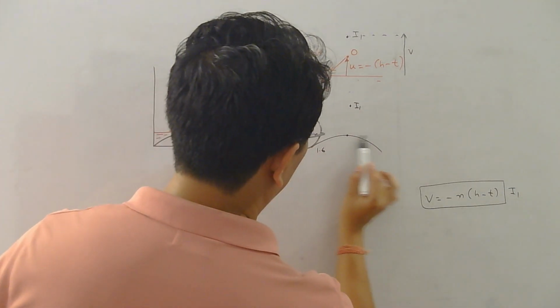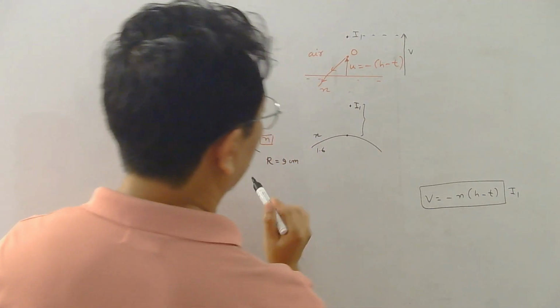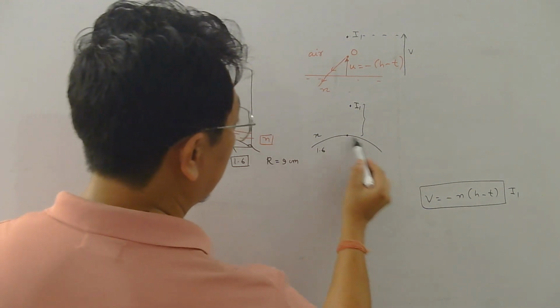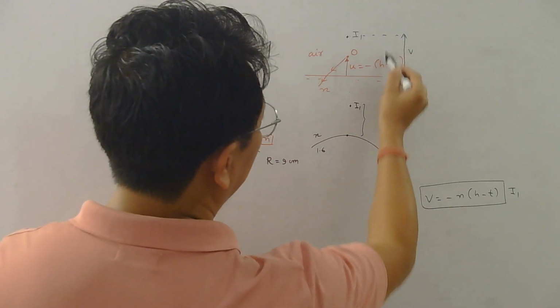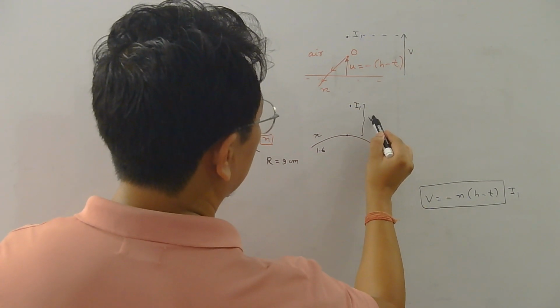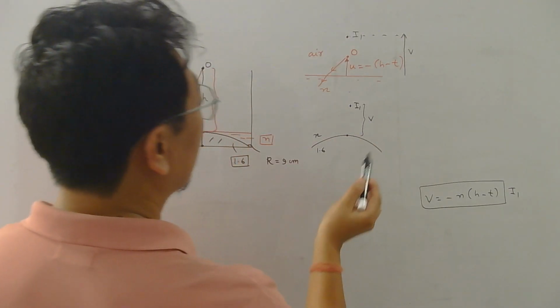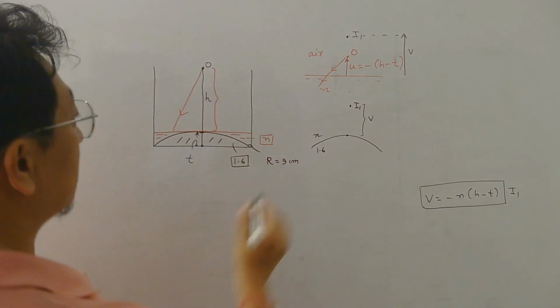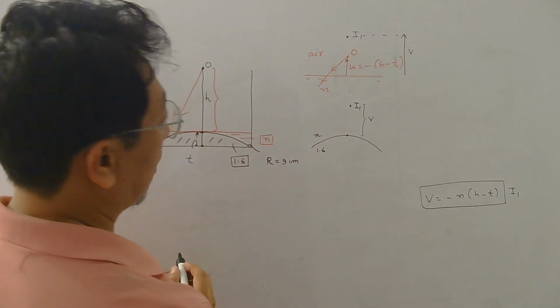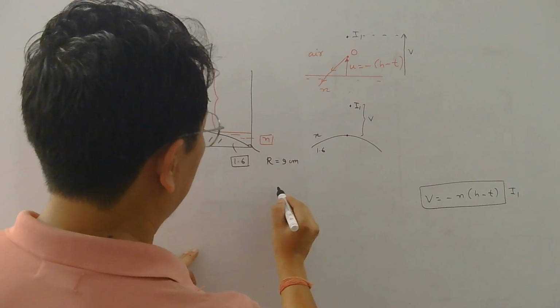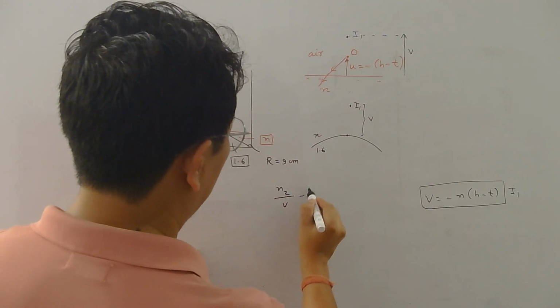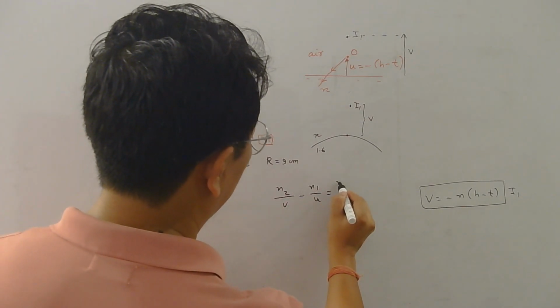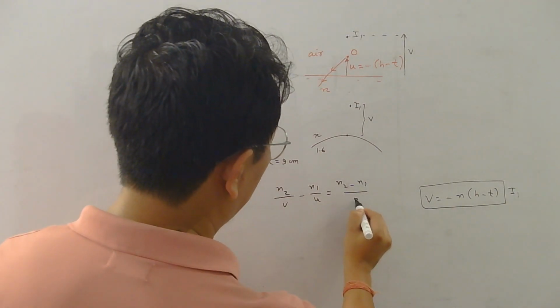So this distance will be now object distance for this surface, which was V. So let us use now again our single surface formula. N2 by V minus N1 by U equals N2 minus N1 by R.